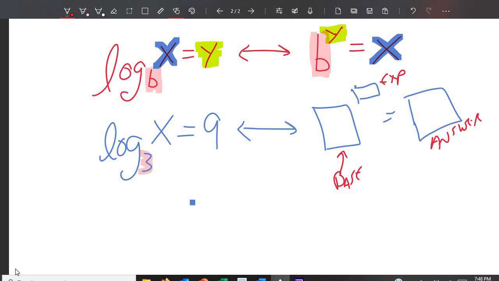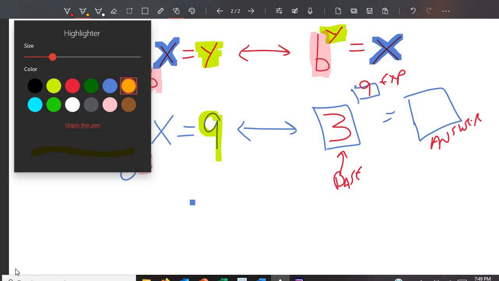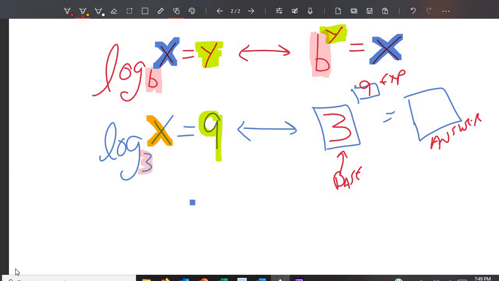So we put a 3 in the base. This number is the exponent. So we put the exponent. The x that's left is the answer. So this is 3 to the 9th power equals x.